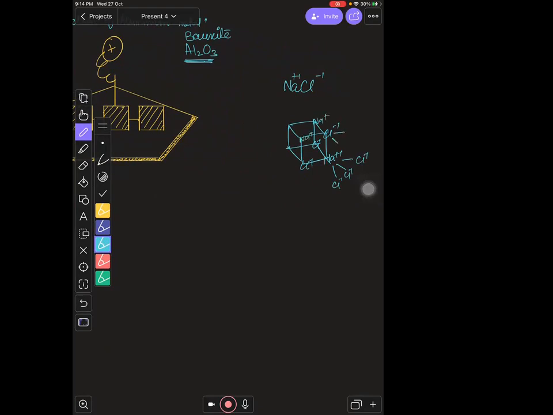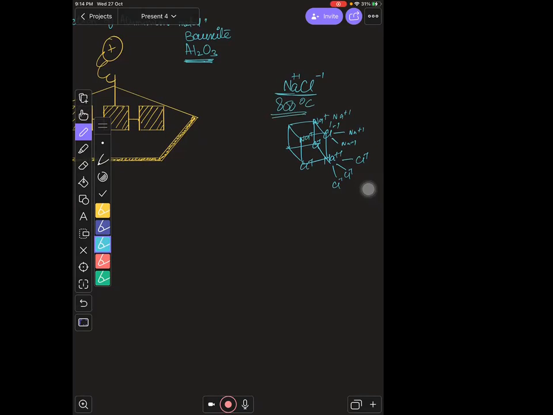You can imagine how strong that structure of an ionic compound is. So they have high melting and boiling points. I have told you that the melting point of NaCl is nearly 800 degrees centigrade.